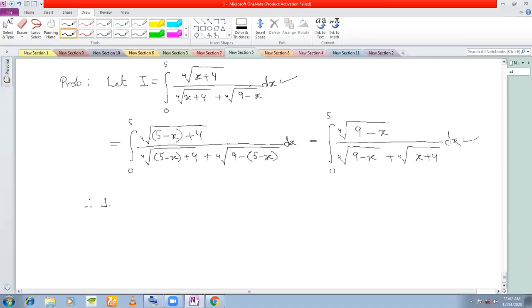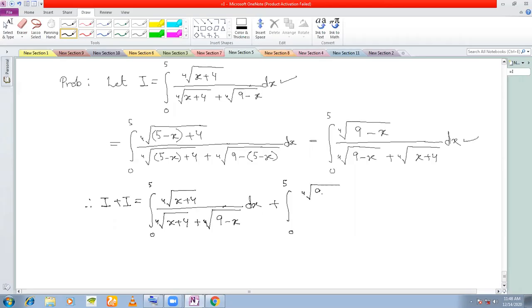Therefore, I plus I is equal to integral 0 to 5 fourth root of x plus 4 by fourth root of x plus 4 plus fourth root of 9 minus x dx plus integral 0 to 5 fourth root of 9 minus x divided by fourth root of x plus 4 plus fourth root of 9 minus x.